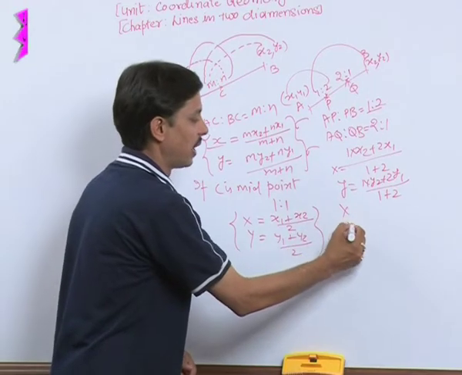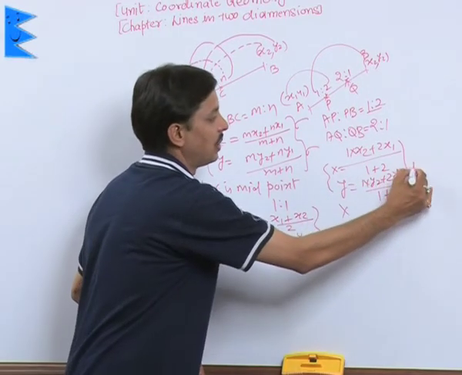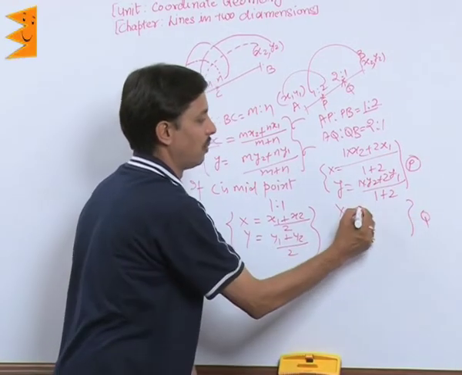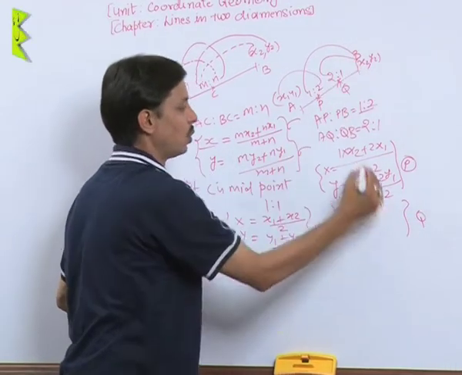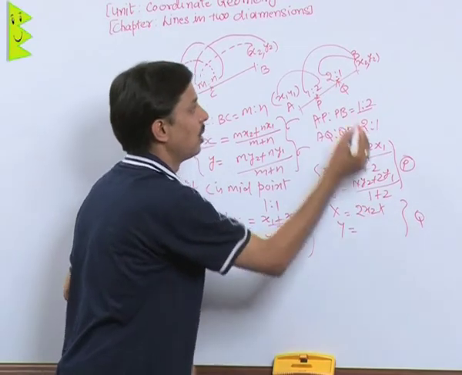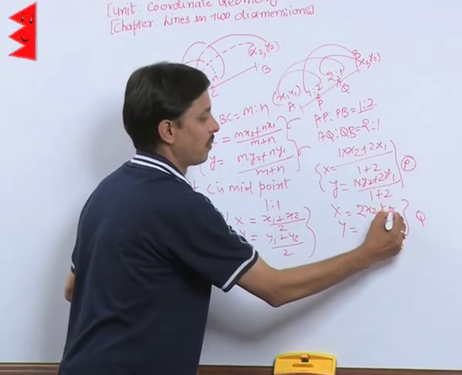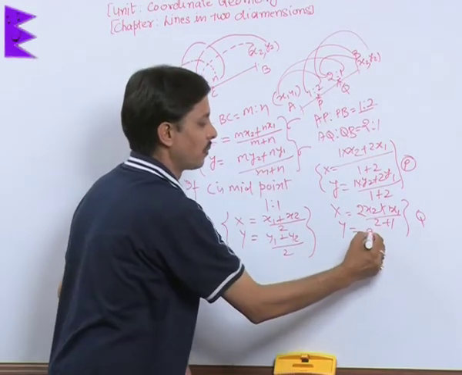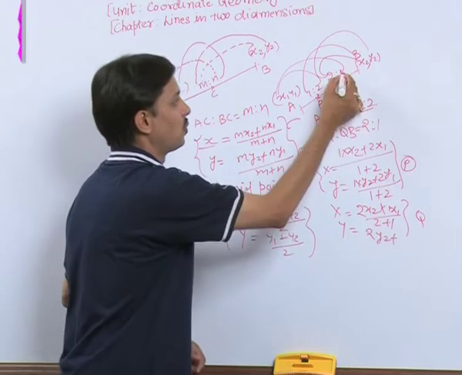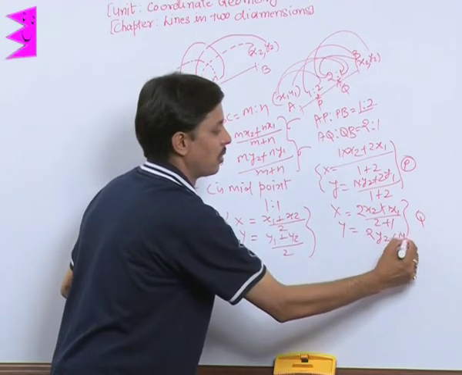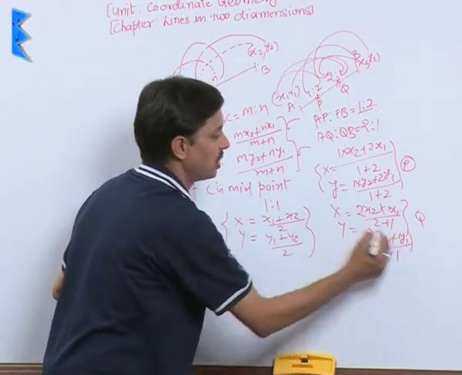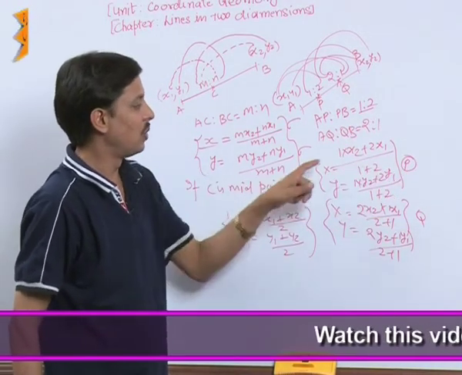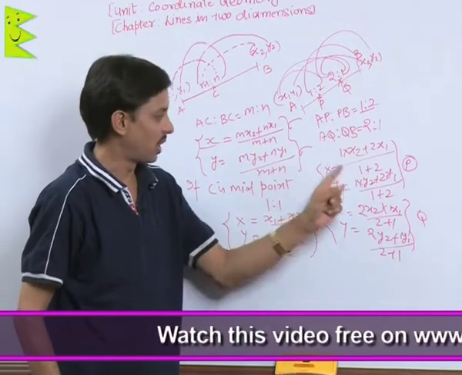So x and y at Q will be given by 2 into x2 plus 1 into x1 upon 2 plus 1, and 2 into y2 plus 1 into y1 upon 2 plus 1. These are the values of x and y at point Q. These are the values of x and y at point P for trisection.